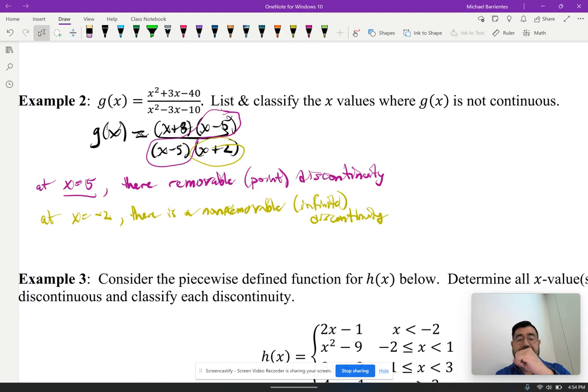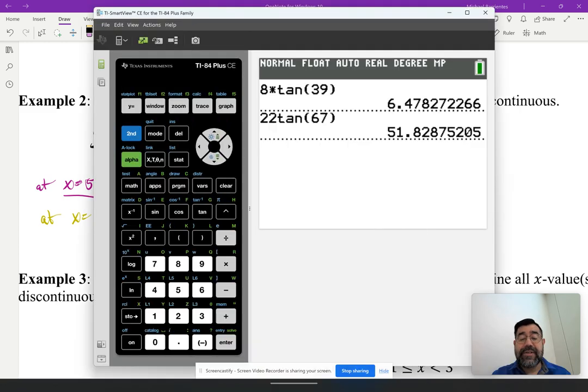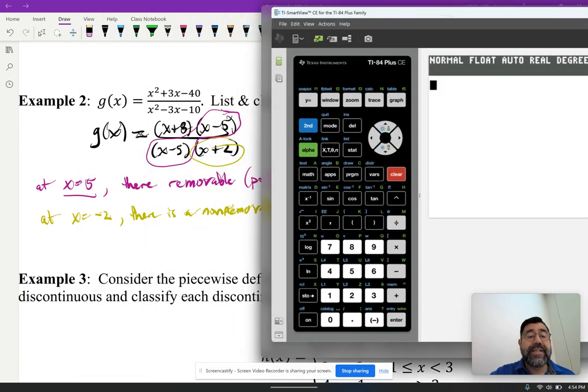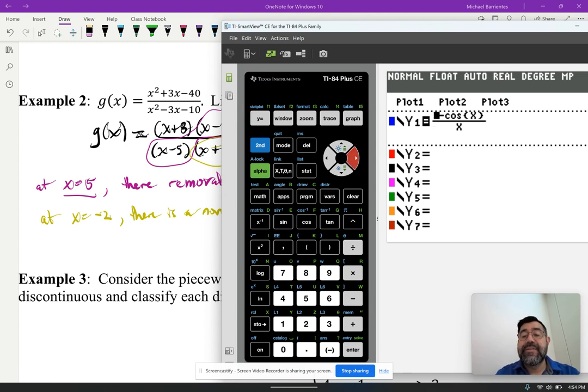That's a hole in the graph, a removable discontinuity. But once I cancel that out, this purplish circle here, then I'm left with x plus 8 over x plus 2. Whatever makes the denominator equal 0 but not the top is going to be the vertical asymptote, and therefore that's infinite behavior, and there's another type of discontinuity there.